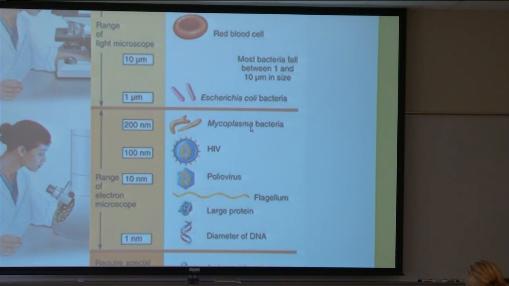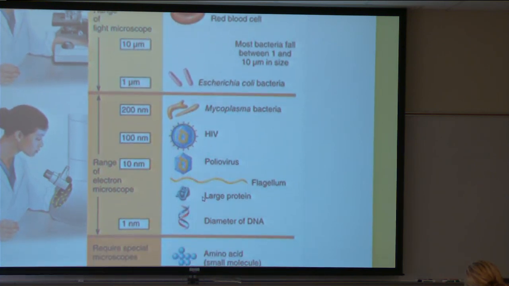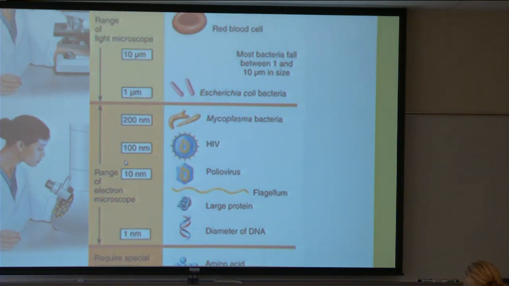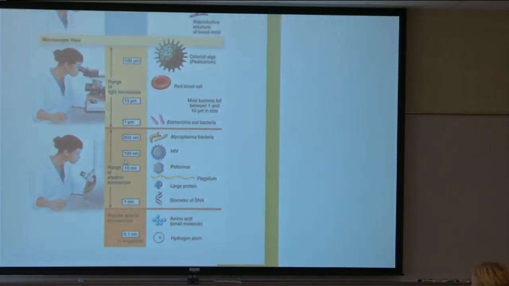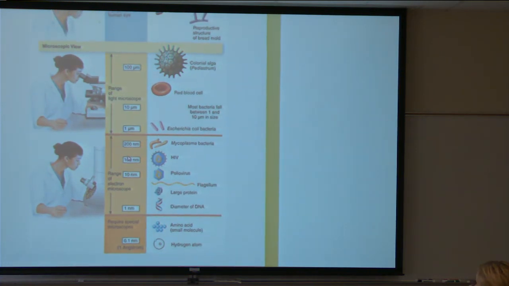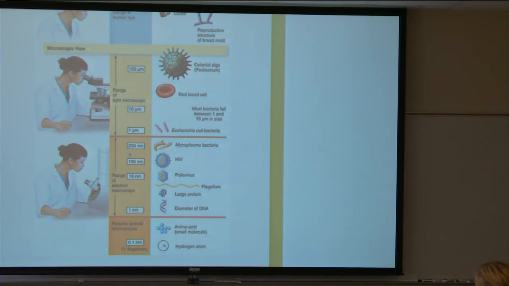Mycoplasma are usually tiny bacteria, but looking at your viruses, you would need an electron microscope, which are very crazy expensive. Where I went to school, for example, we had one employee at the university who was responsible.